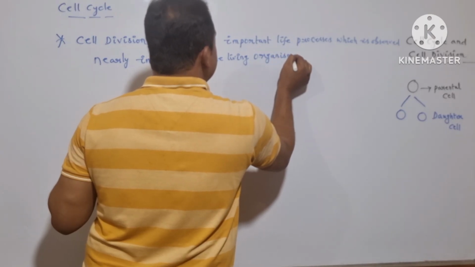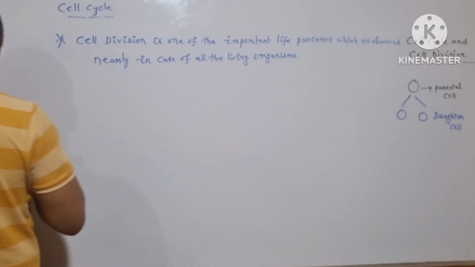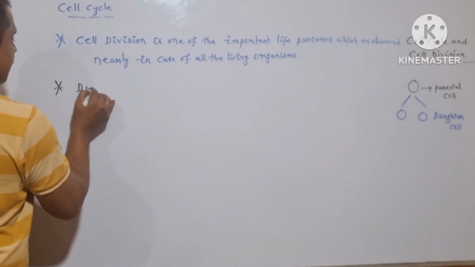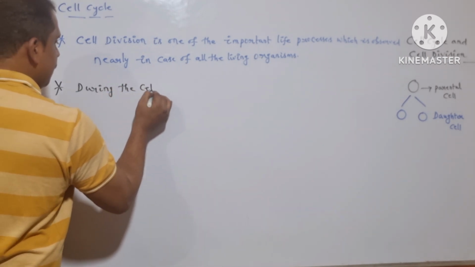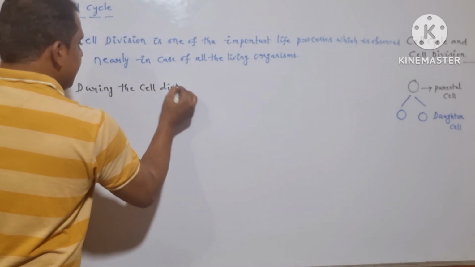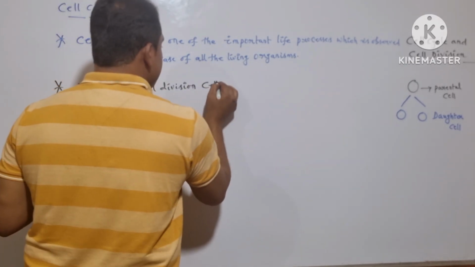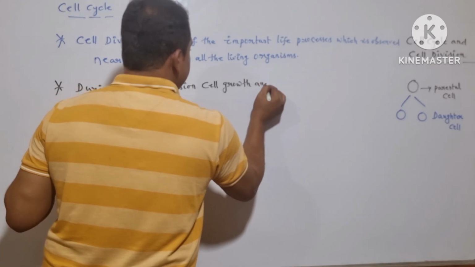So here, during the cell division, cell growth and DNA replication also take place simultaneously.